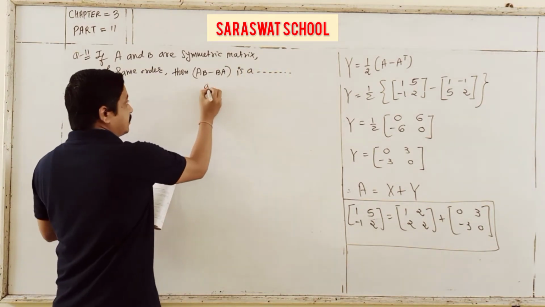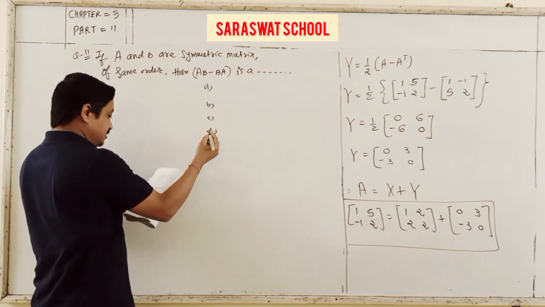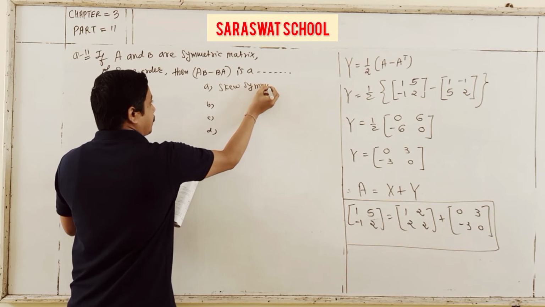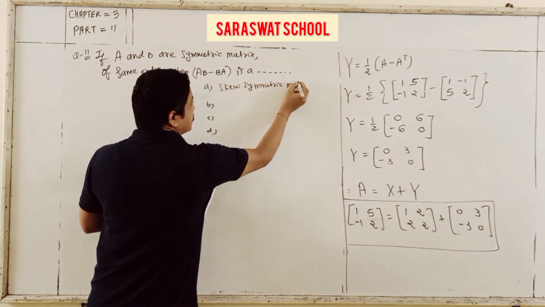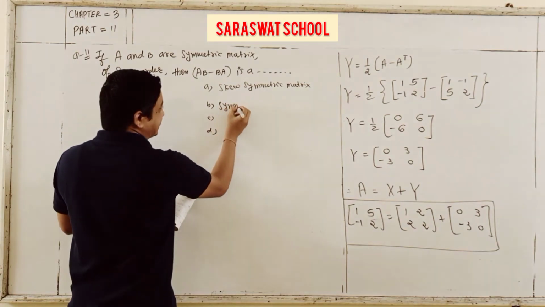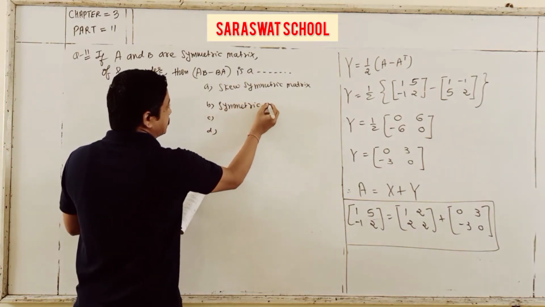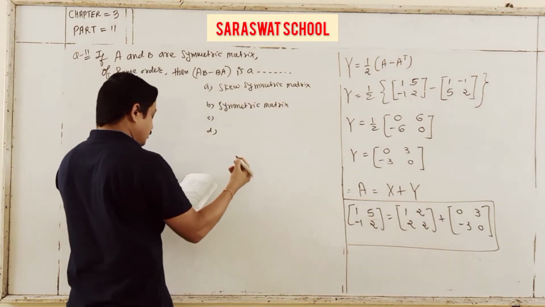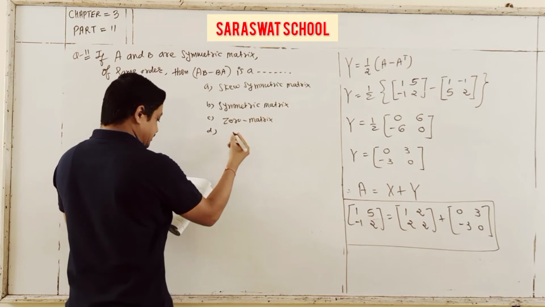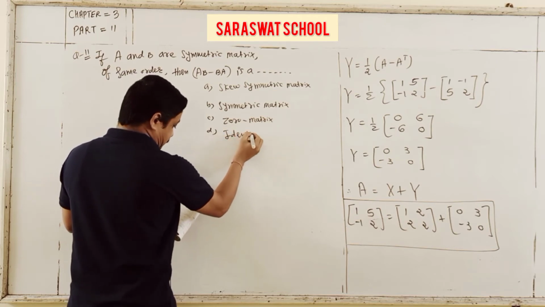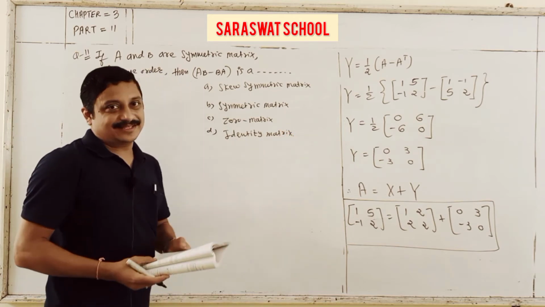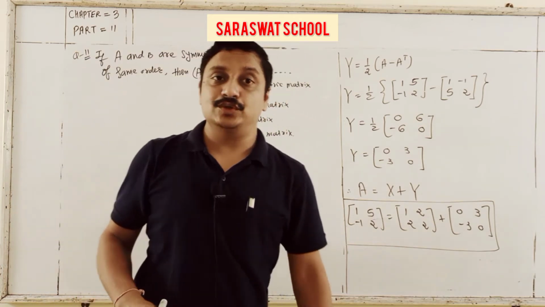Options are printed. I will show option-wise. First, skew symmetric matrix. Second, symmetric matrix. Next, zero matrix, and last, identity matrix. So very easy. According to the definition, I will show these questions.